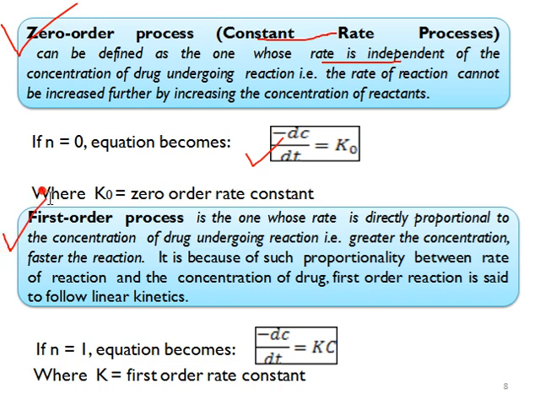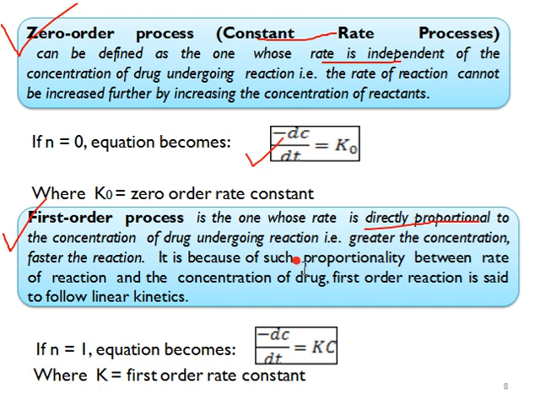What is first order process? Now here the n will become equal to 1. That means the rate is directly proportional to the concentration of drug undergoing the reaction. That means if you increase the concentration, then the reaction rate will increase.